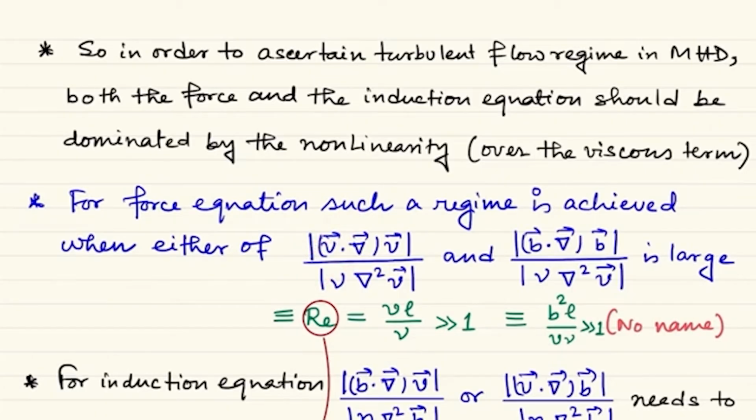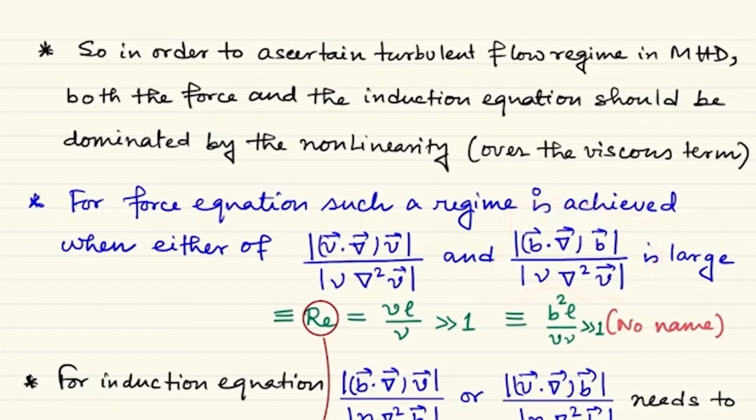There is another term, the magnetic tension term over the kinetic dissipation term, which should also be large, but it is not generally discussed, because if the fluid is moving very fast, then the Reynolds number is already large, and this makes the whole momentum evolution equation dominated by the nonlinearity. So we really don't need a large value for this.